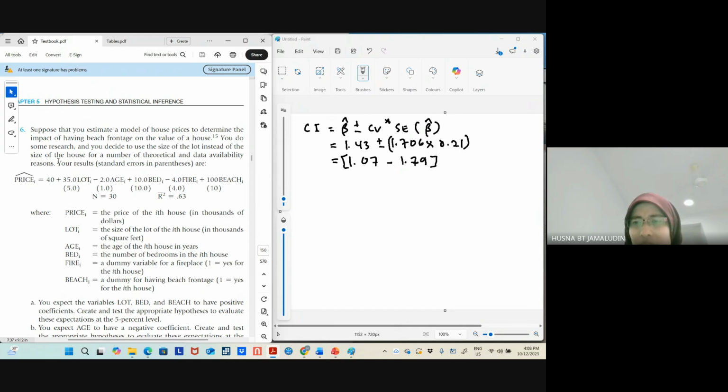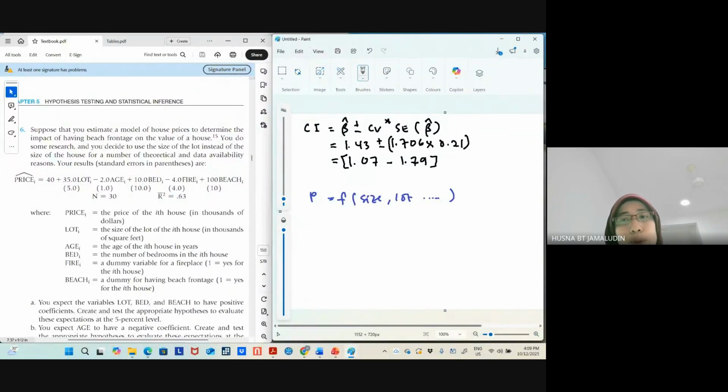Let me just write it here. I don't think that when I explain, you can picture it in your head, so let me write so that you can see. This is the price of the house, determined by, let me put, a function of the size of the house and the lot of the house. There are a few other things. Let me explain the first statement.